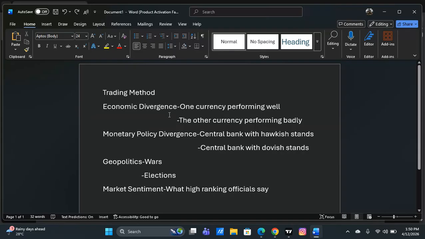One currency doing well, one currency doing badly, and that divergence is the trade that you're going to be taking, either long or short, looking at who's stronger and who's weaker.